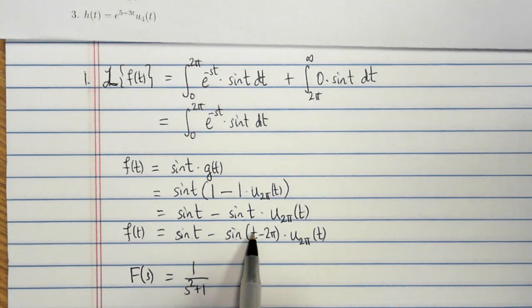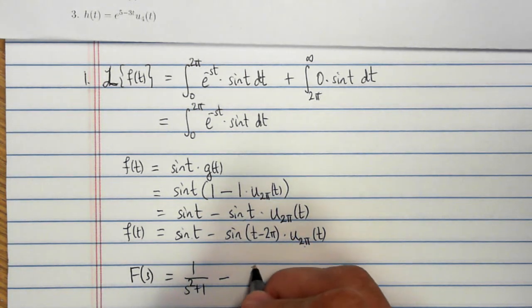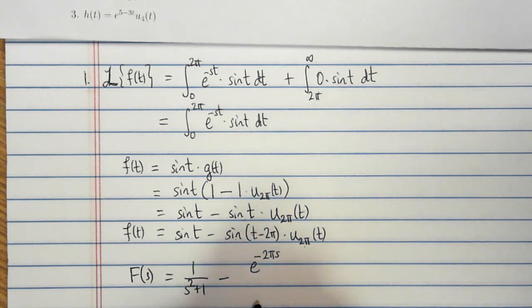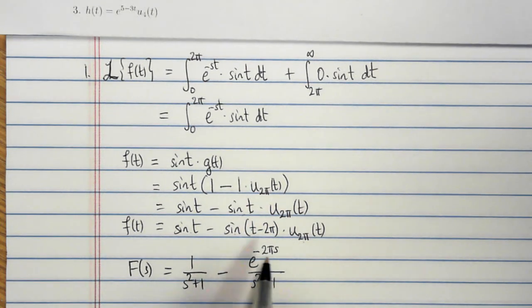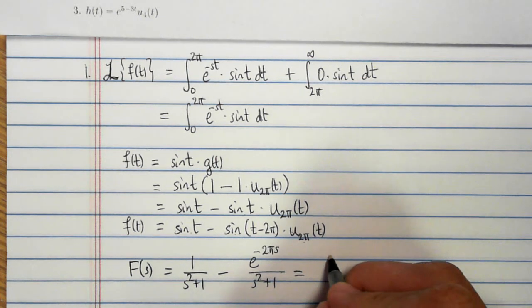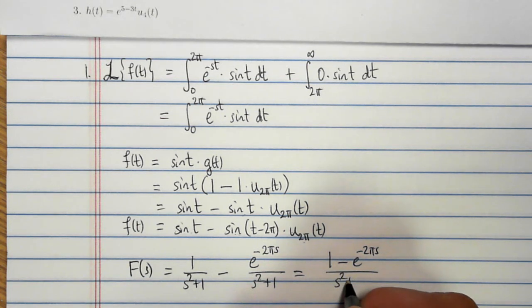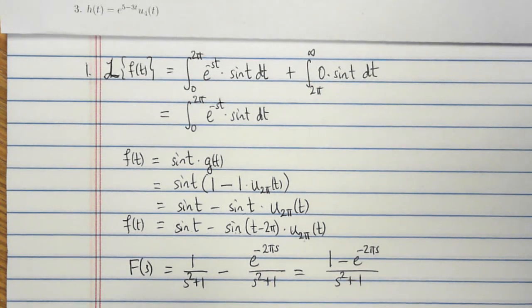Then if I have sine of t minus c times the step function at c, this is going to be equal to e to the minus s times c over s squared plus 1, which is again the Laplace transform of sine t times e to the minus cs. And so this simplifies as 1 minus e to the minus 2 pi s over s squared plus 1. And so that is the Laplace transform for this first function.